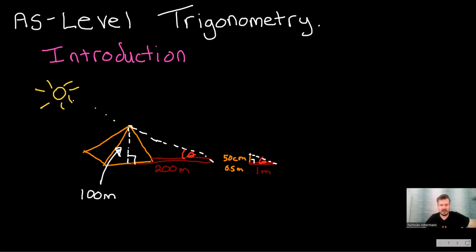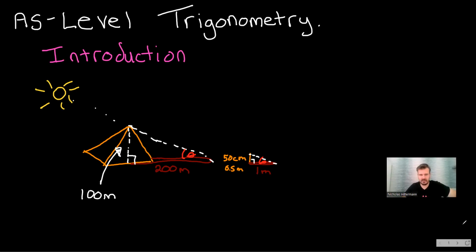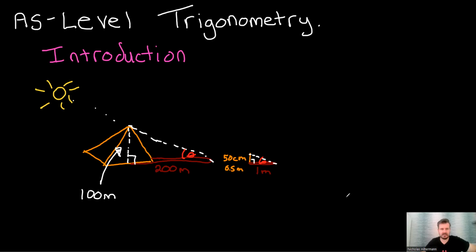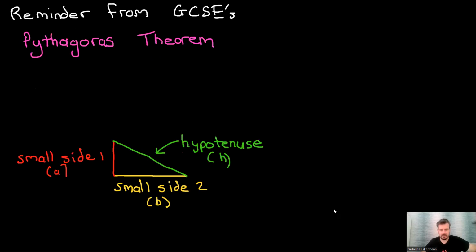And so now we go on to how we turn this into a mathematical theorem, which Pythagoras did. They already knew that there was a relationship, but Pythagoras figured out that if you have this right-angled triangle, and look at some notation here, the side that's opposite to the right angle in this triangle is called the hypotenuse.